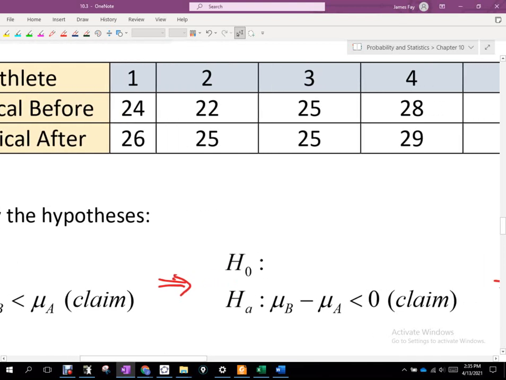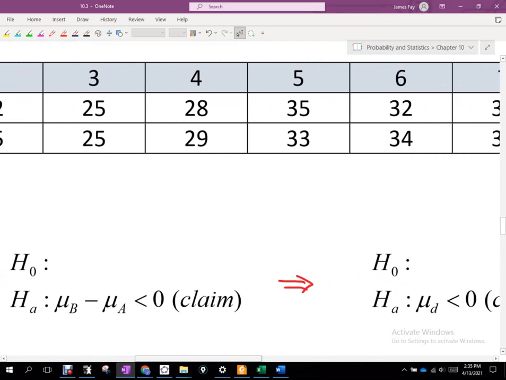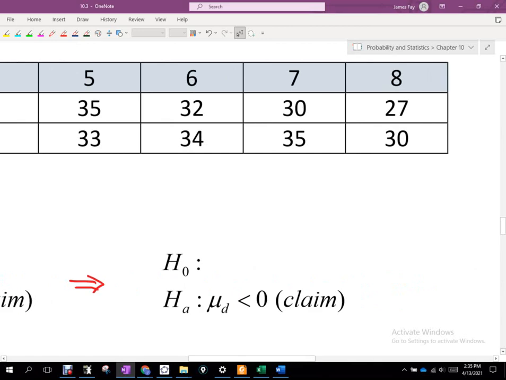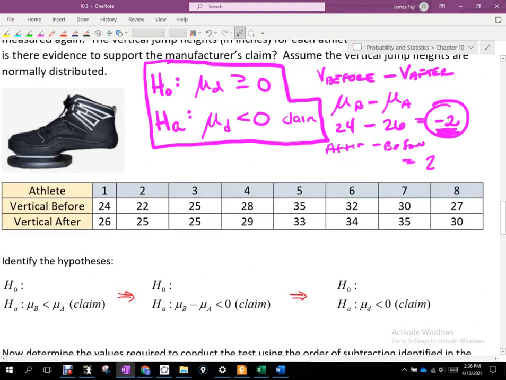And you see that that would be less than 0. So that's going to be a negative number, which was the negative 2 that we realized above in that specific example. And if you want to write that, mu of before minus mu of after, that is mu of your differences. Okay? So those three structures right there are all appropriate. But this is the one that you usually come across.